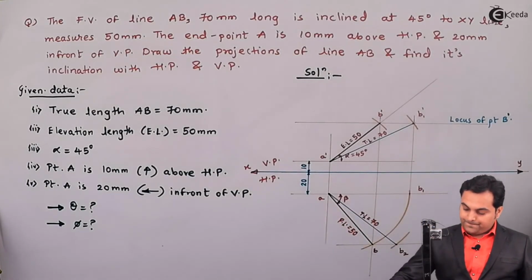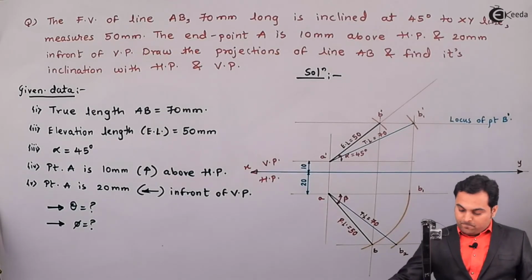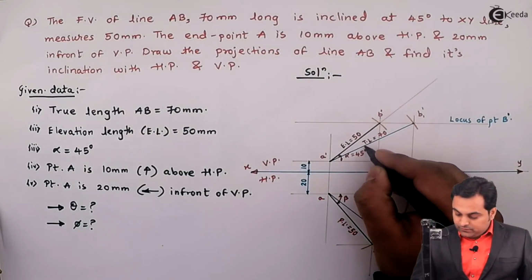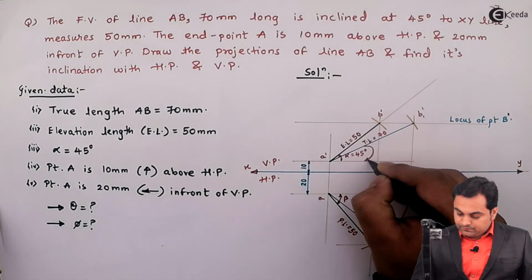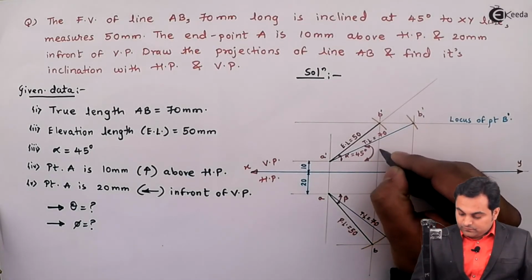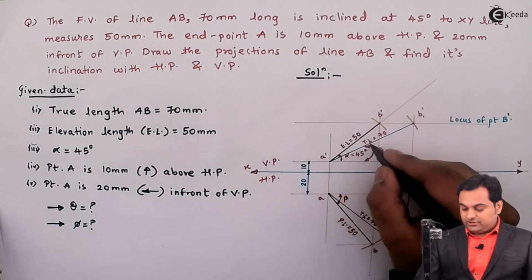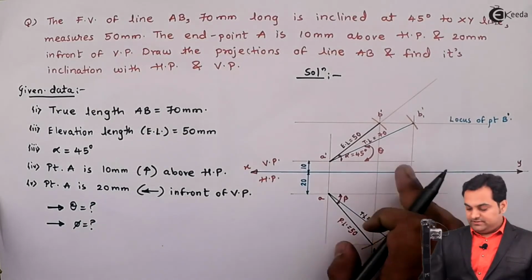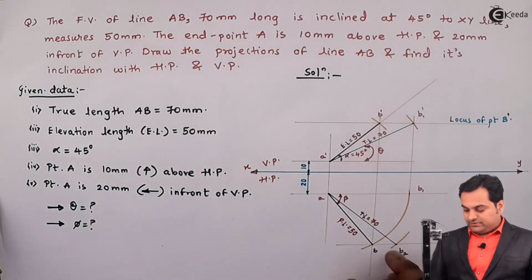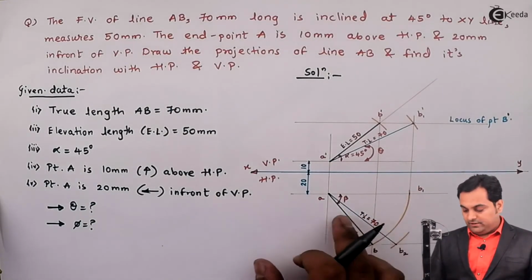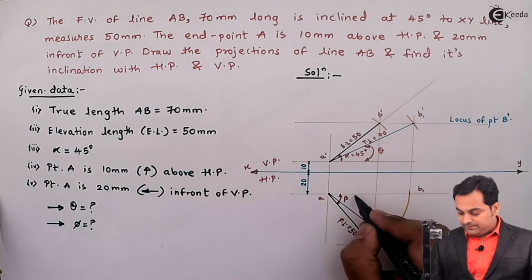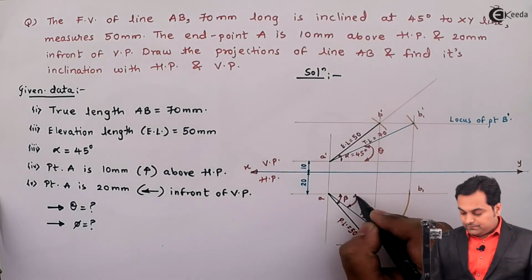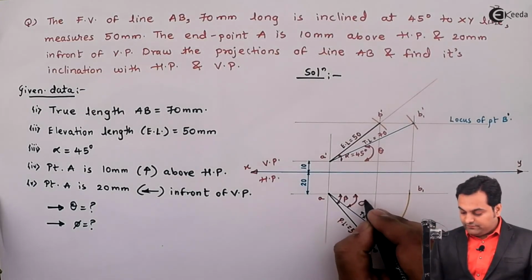Next, the angle of the true length of the line will be called theta, because this is the inclination of the line, or we can say true length of the line, with HP seen in VP. Next, the inclination of the true length of the line with VP seen in HP. This angle will be called as phi.